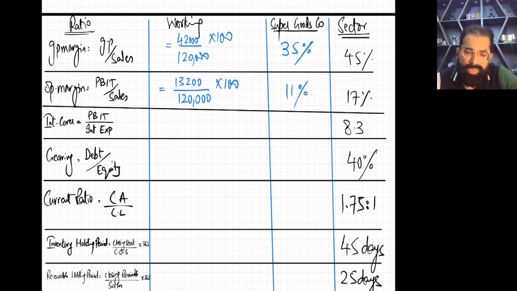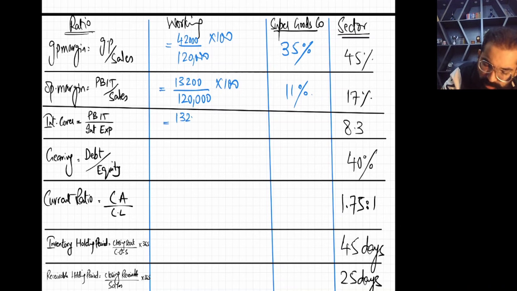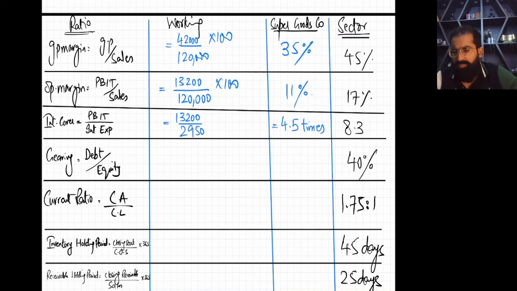Interest cover is PBIT divided by interest expense. So PBIT is 13,200 divided by interest expense of 2,950. So this is going to be 4.5 times. Okay. And the sector average is 8.3 times.